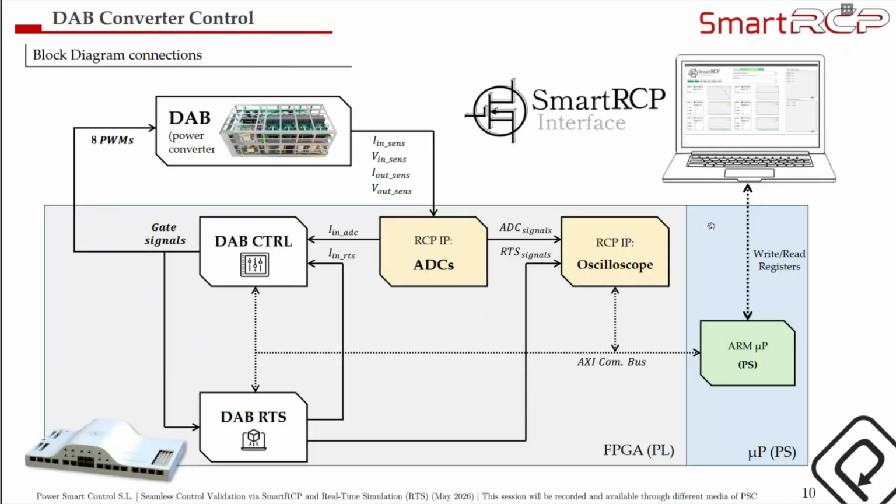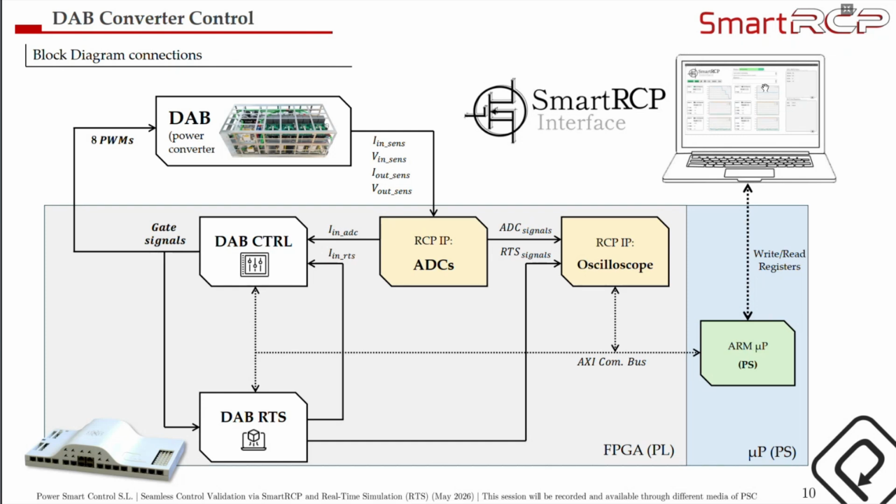So in this slide, we can see the IP connection diagram of the FPGA, because everything that we are going to see today is programmed in the FPGA of the system on chip. As you know, the system on chip is composed of 2 parts: the microprocessor of the processing system, and the FPGA, or the programmable logic part of the device.